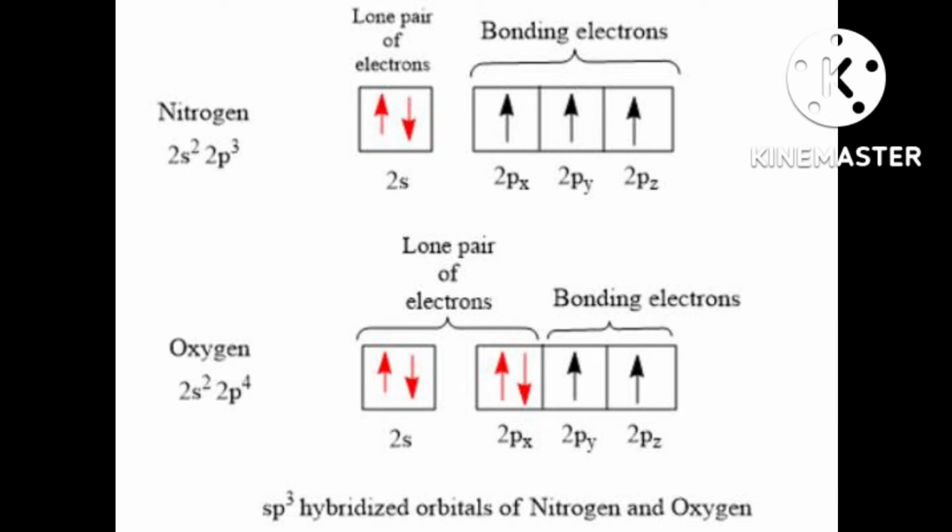Okay. Then sp hybridization. This type of hybridization involves the mixing of one s and one p orbital, resulting in the formation of two equivalent sp hybrid orbitals. After mixing they form two hybrid orbitals, and the process is called sp hybridization.